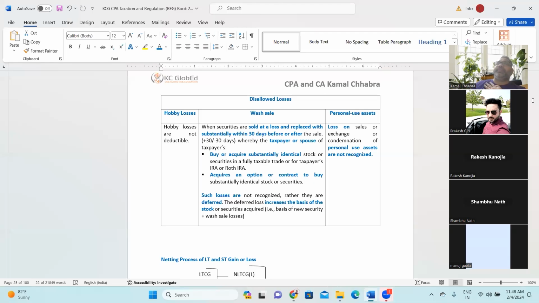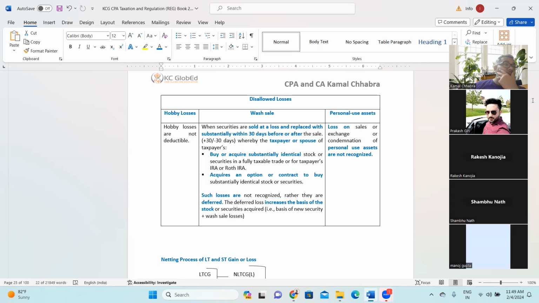So what they are saying, if you have purchased any security, let's assume you have purchased 10 shares of Tesla for $100 each, right? So the total investment is $1,000.